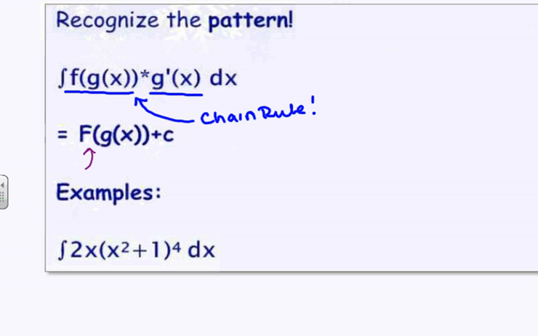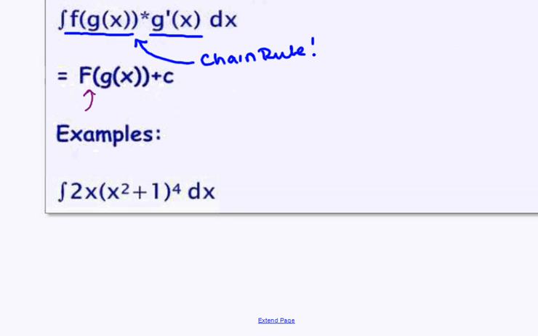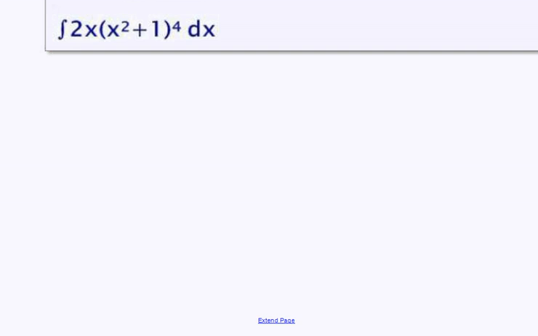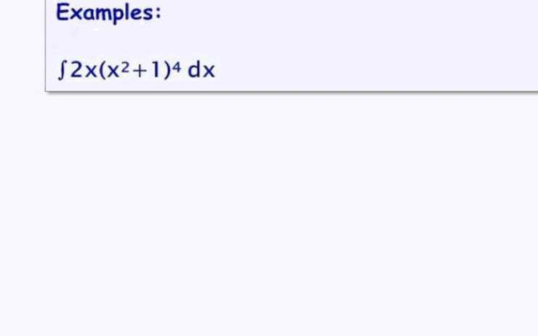Okay, so looking at the first example, we have the integral of 2x times the quantity x squared plus 1 raised to the fourth power. When you're looking at a problem, you want to always recognize the pattern. What was the original outside function, what was the inside function, and where is the derivative of the inside function?